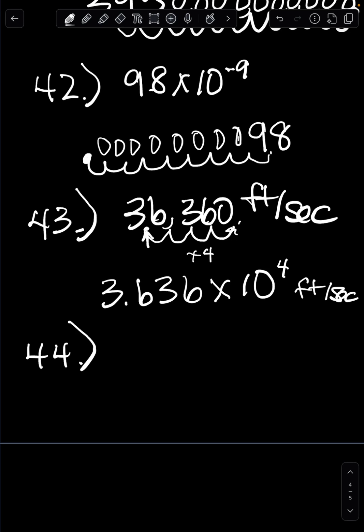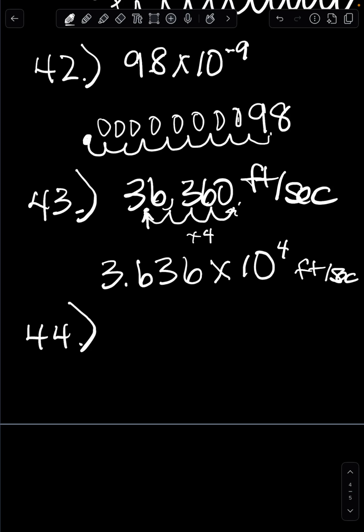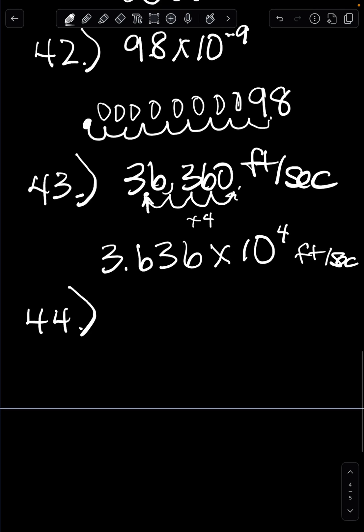Number 44. Light in a vacuum can travel 1 meter in approximately 0.0033 microseconds. Use both scientific notation and standard form to express this time in seconds. So we've got 0.0033 microseconds.